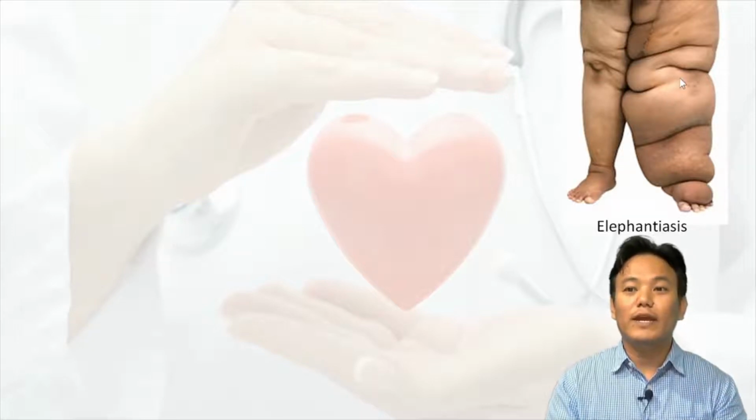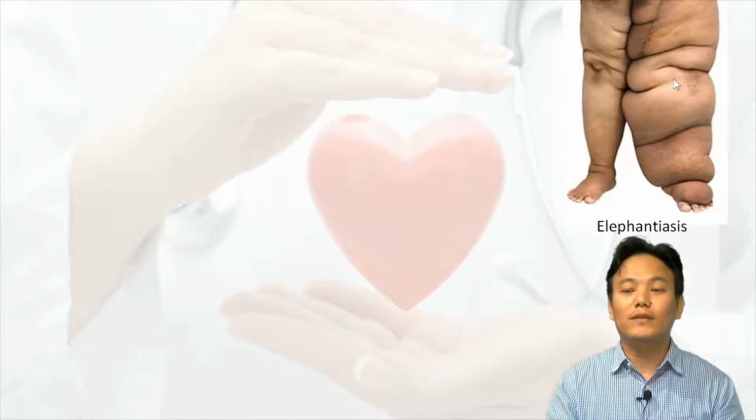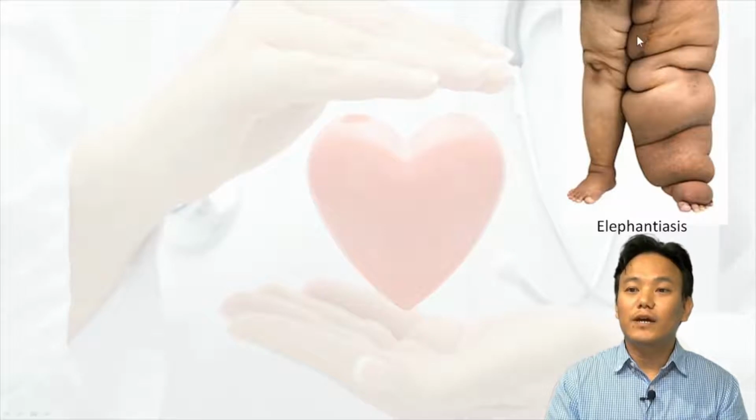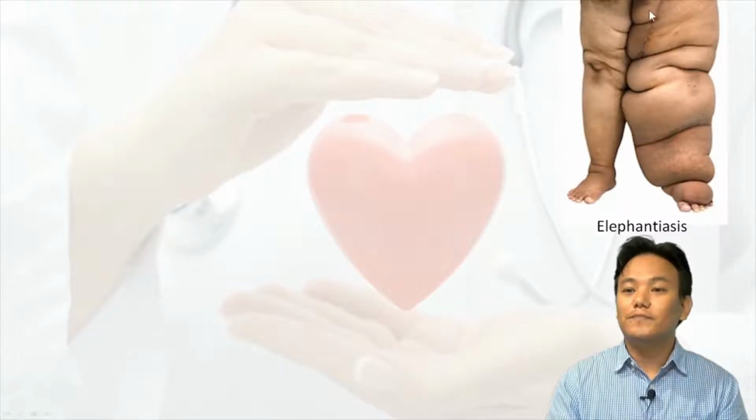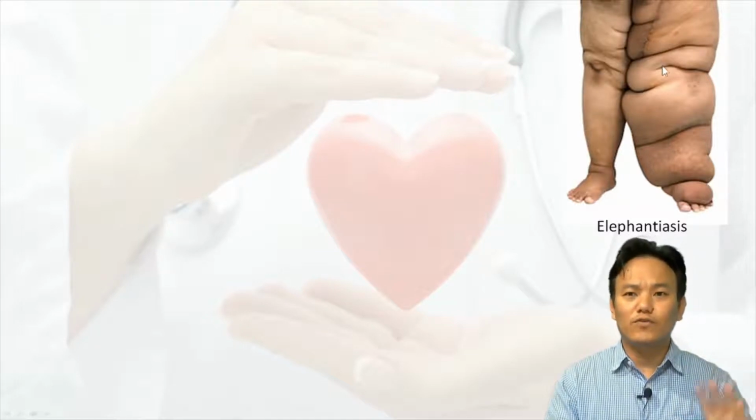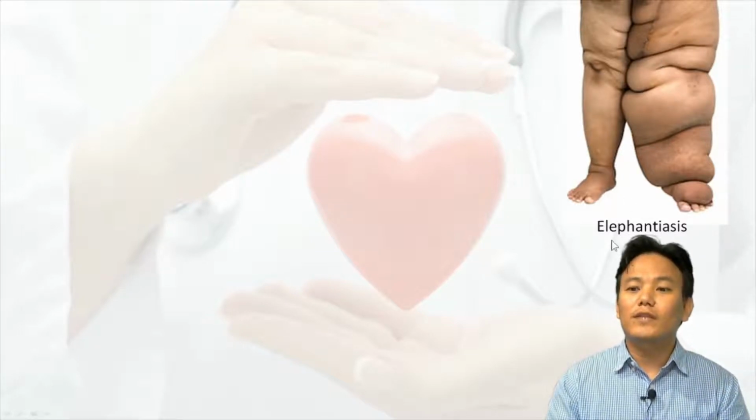Later on it causes pain as well. So it's quite a debilitating disease. Since the legs become really large and the skin becomes rough and dry, the disease has been given the name elephantiasis, like the limbs of the elephant.